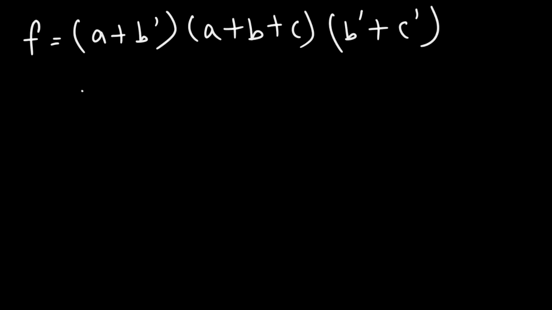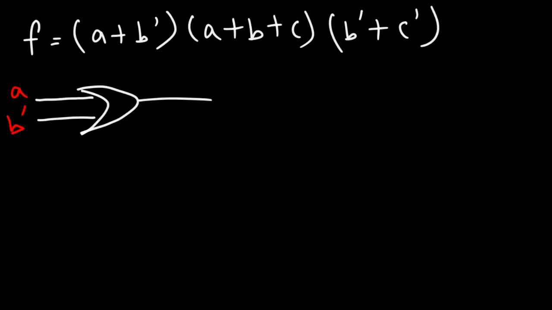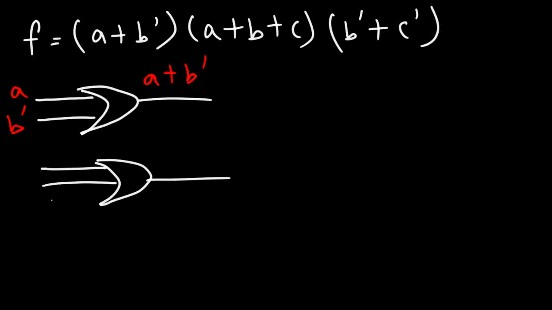So let's start with our first OR gate. This is going to be a 2-input OR gate based on what we see here. So the first input is going to be A, the second one is going to be B prime, and the output of this OR gate will be A plus B prime. Now moving on to the second OR gate, it's going to be a 3-input OR gate.